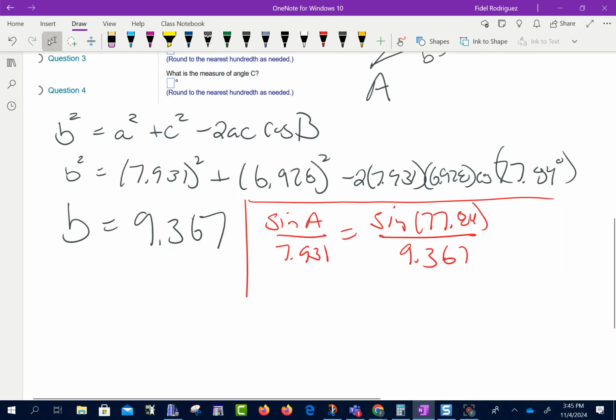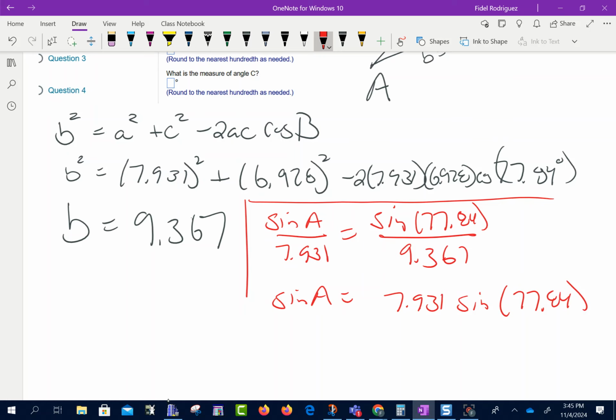So if I wanted to find my angle A, let's say sine of A is 7.931 times the sine of 77.84, all divided by 9.367.